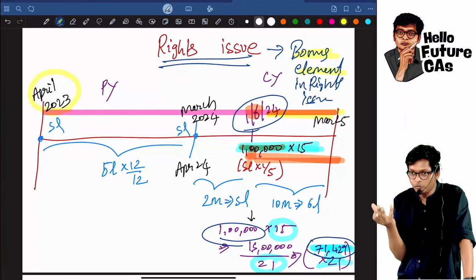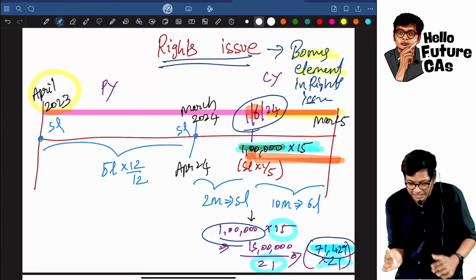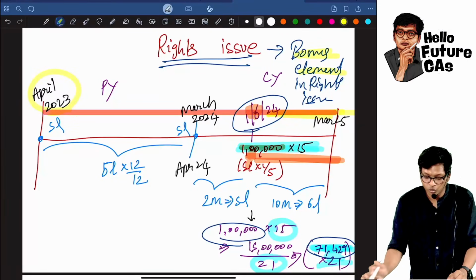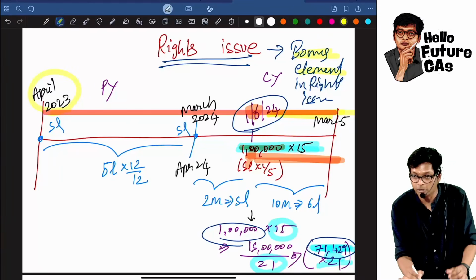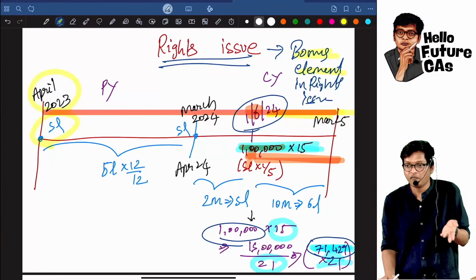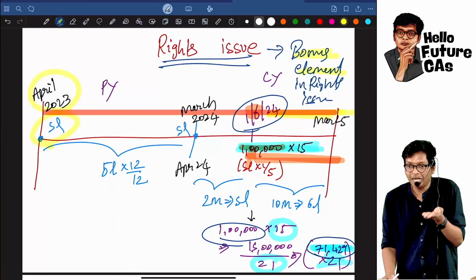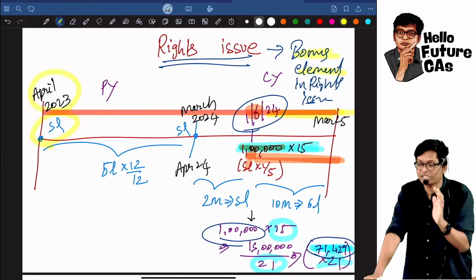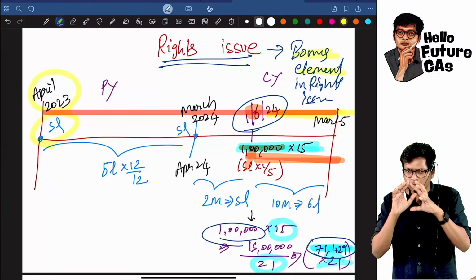So you have to find what is that free element and add it for the entire period. Are you getting it, guys? The beginning of the reporting period is 5 lakhs. For that 5 lakhs, I have to add bonus shares. I have to find how much is the bonus. Are you following, guys? This is the overall logic.